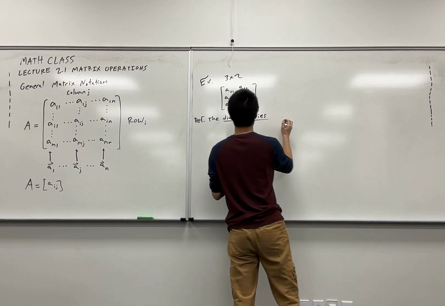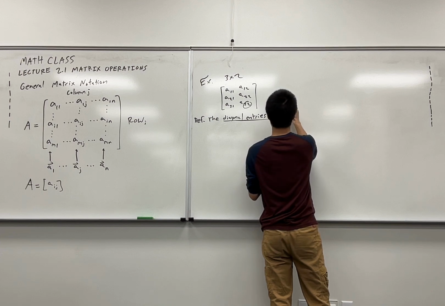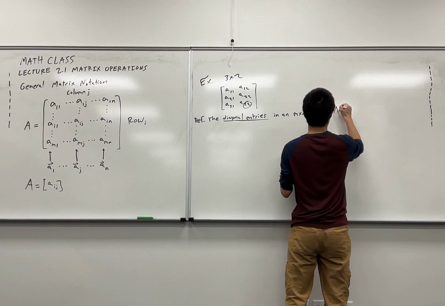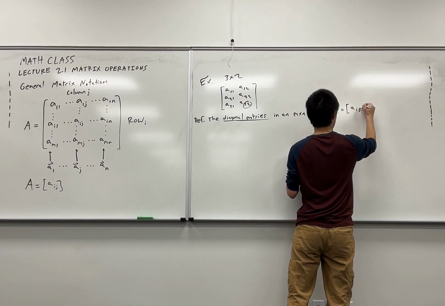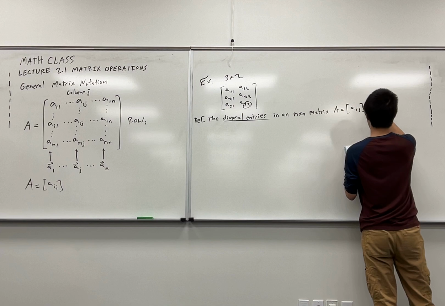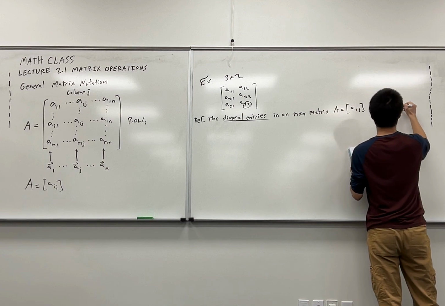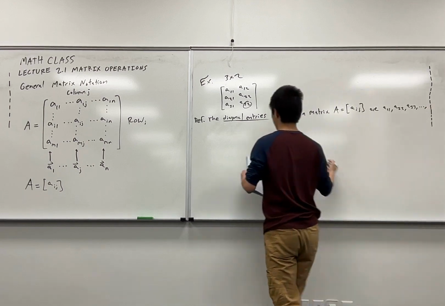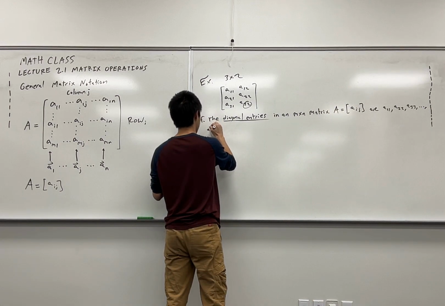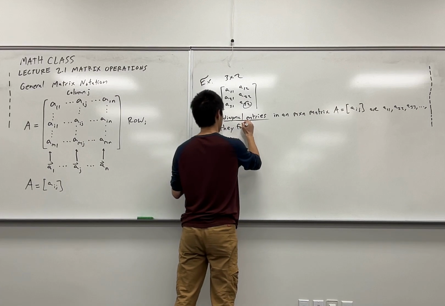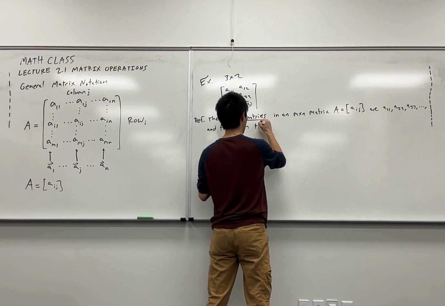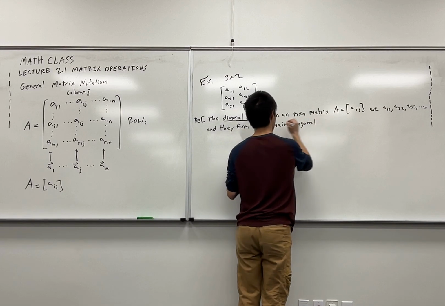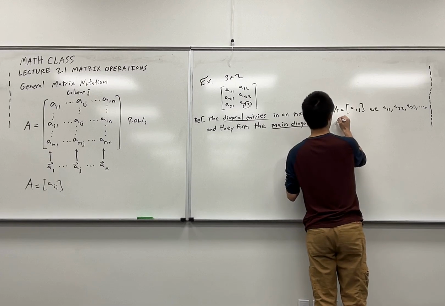In an m by n matrix A, the matrix of a_ij, the entries a_11, a_22, a_33, I think you can see where that's going, form what we call the main diagonal of our matrix A.